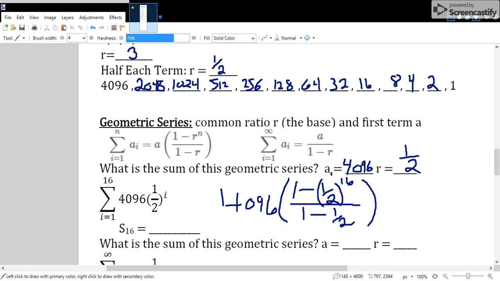If you put that into the calculator, as you put this in the calculator, you should get something close to 8,188.